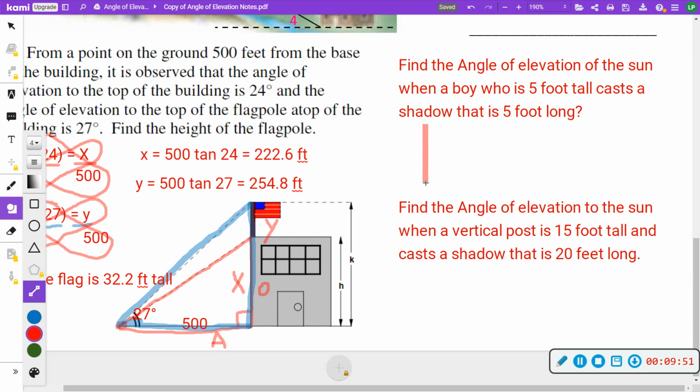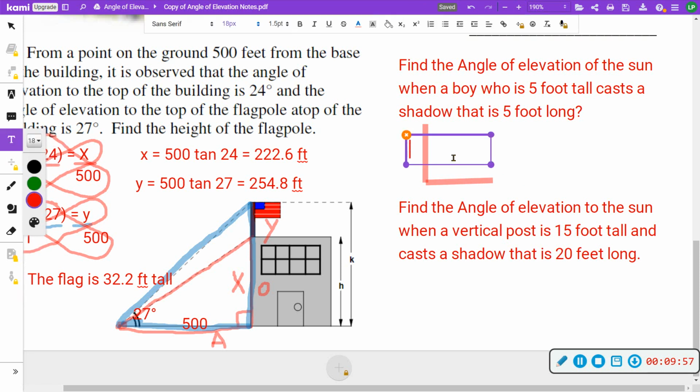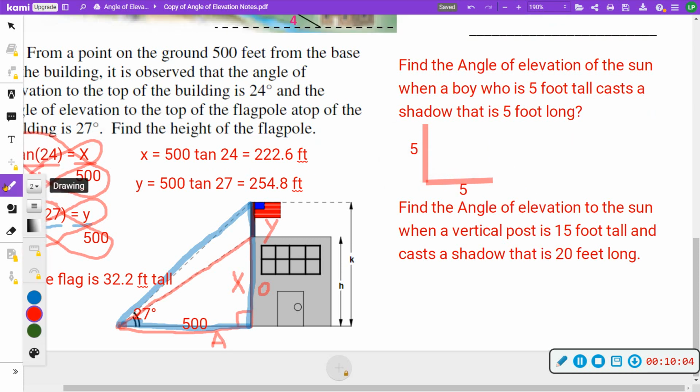And his shadow, we'll call this the shadow, is 5 foot long. So the boy's 5 foot tall, his shadow is 5 foot long, and they want to know the angle of elevation of the sun. All that is this angle right here. So that's all they're wanting to know.